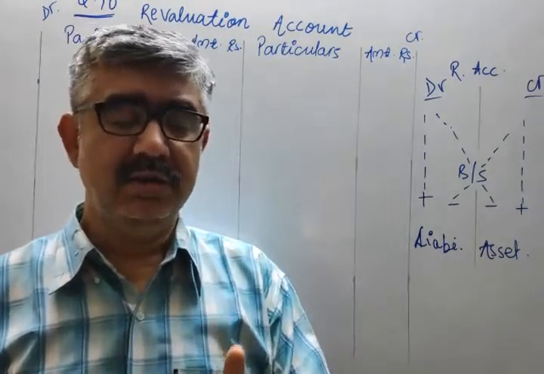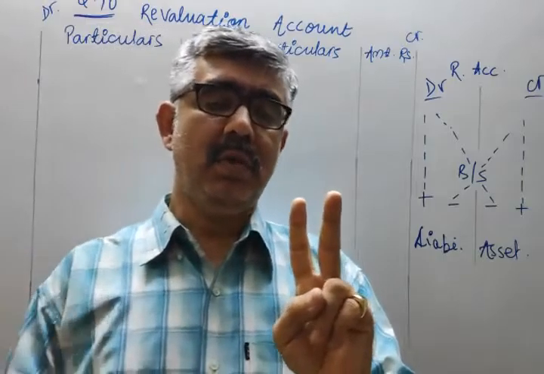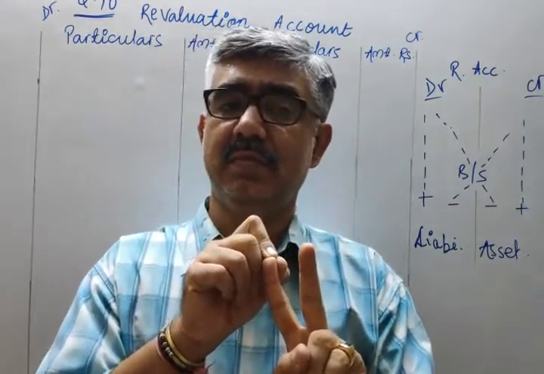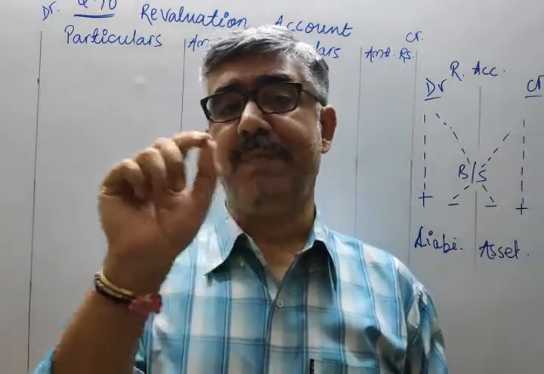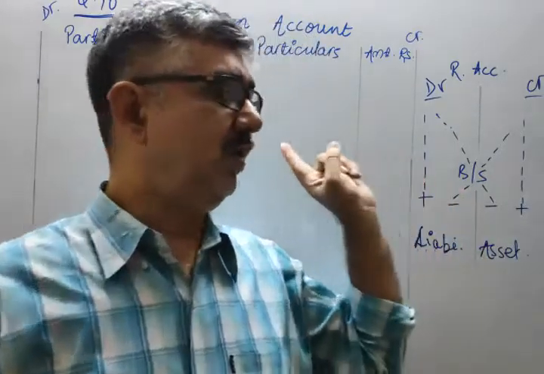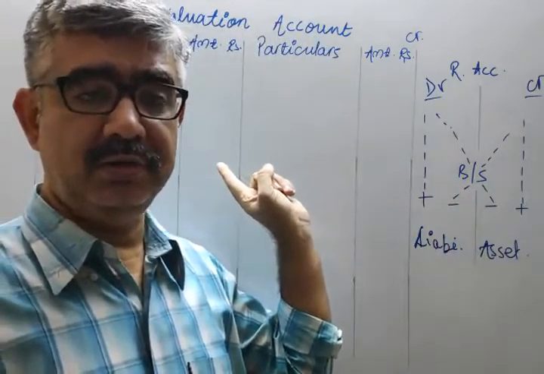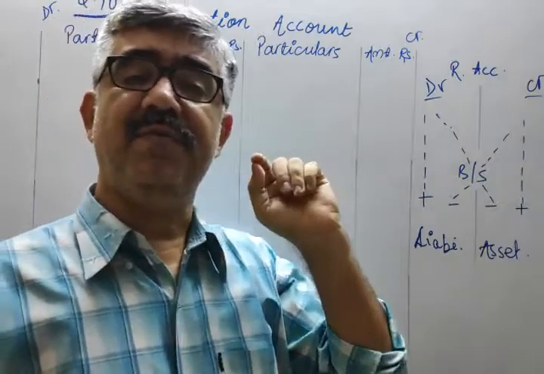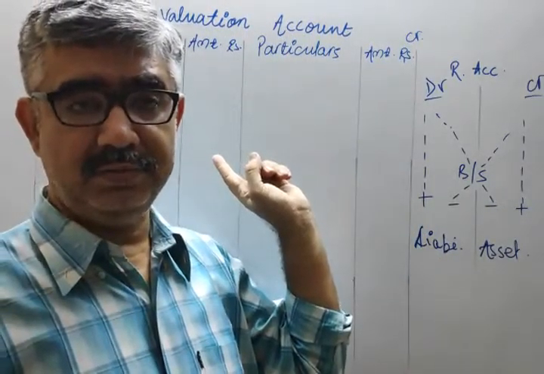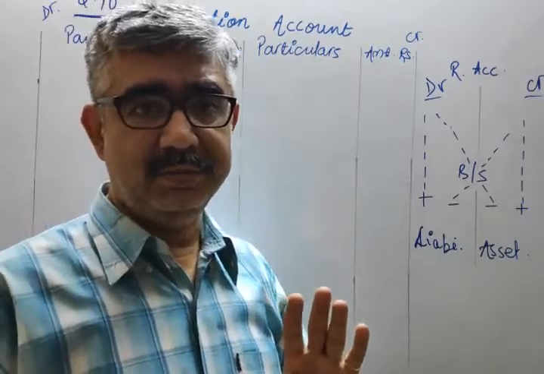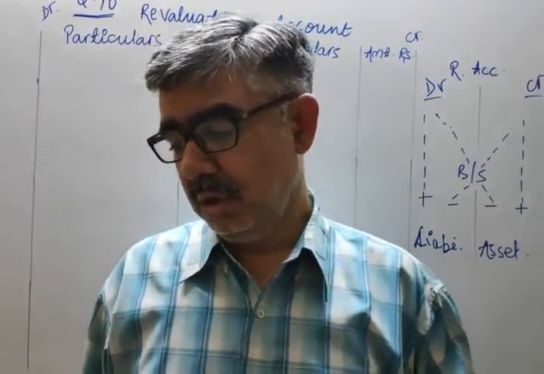Is that clear? Second, assets and liabilities only. If capital is getting changed, we are not supposed to do anything over here. If reserves are changing, we are not supposed to do anything over here. Is that clear? Good.